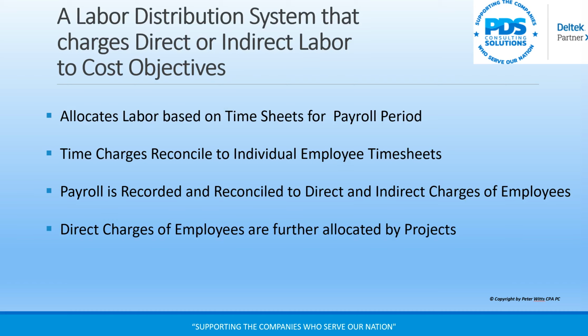So then, to be able to meet the further requirements of direct versus indirect labor, one of the requirements in the system is to be able to identify how labor is allocated on the timesheets for the payroll period, so that you can reconcile the individual employee timesheets to their direct and indirect labor, and that their payroll is recorded and reconciled in a fashion that tracks direct and indirect charges of the employees, and further be able to see the allocations if it's an indirect using the cost pools, if the charges are allocated through an indirect cost rate to a project.